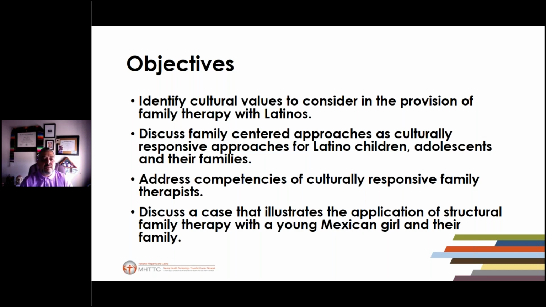The third objective is we want to address competencies of culturally responsive family therapists. So we want to give you the tools, and if you're at the beginning stages of this work of cultural awareness, just getting out of school, maybe graduates, and I'm very excited, we have probably about 7 or 8 different professional backgrounds that we surveyed with you all that are in attendance today.